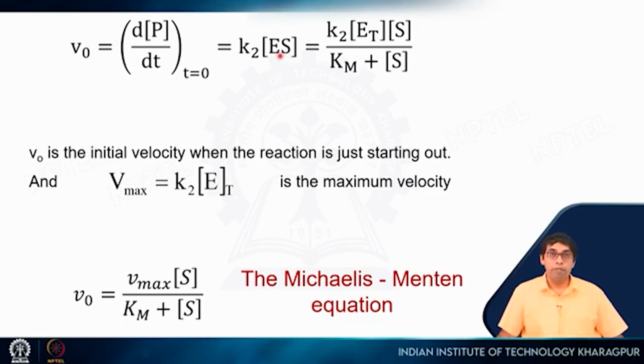ES will have a maximum value of E total, because the maximum that can happen is when all the enzyme is bound to substrate. So ES can have a maximum value of E total, and K2 times E total can be denoted as the maximum velocity, the maximum rate of product formation. We can replace K2 times E total with Vmax, and this is the final form of the Michaelis-Menten equation.